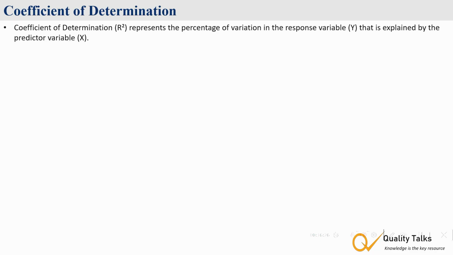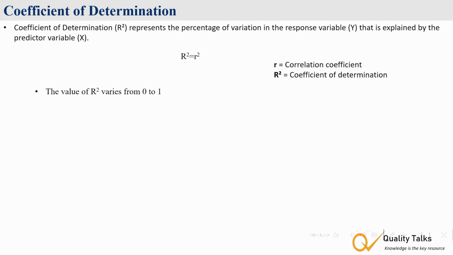Coefficient of determination R square represents the percentage of variation in the response variable, the output variable, that is explained by the predictor variable, that is the input variable. It's simple. When you square the correlation coefficient, it becomes the coefficient of determination.